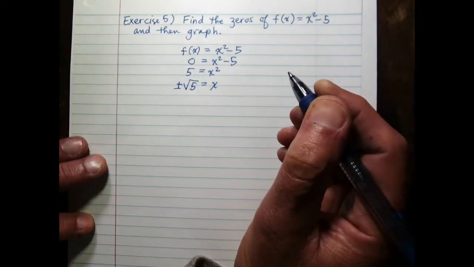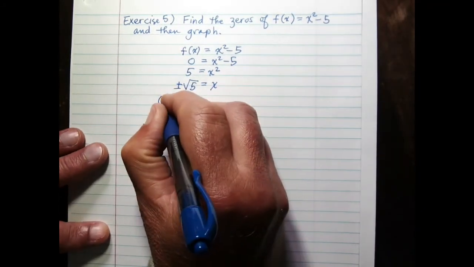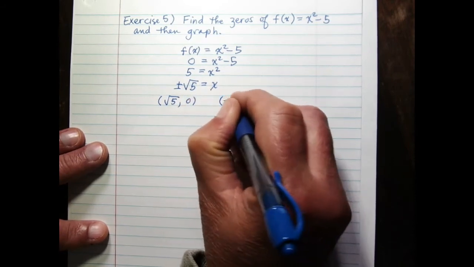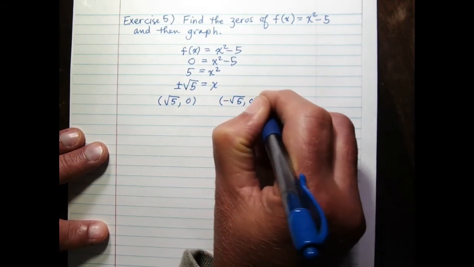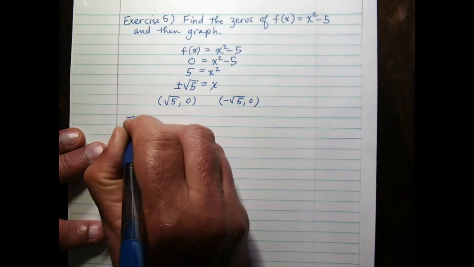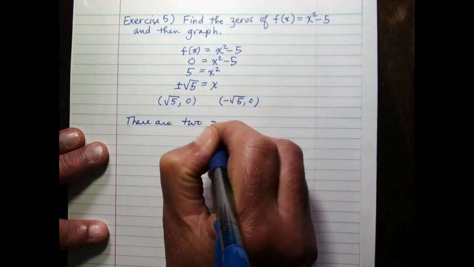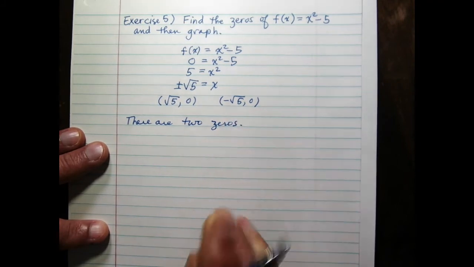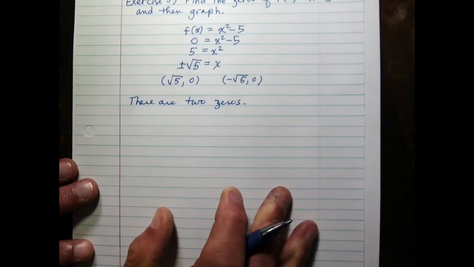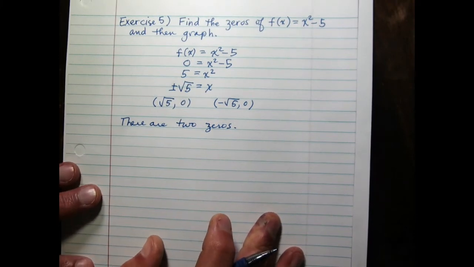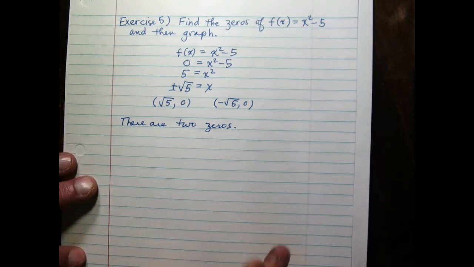There are solutions there. So I got (square root of 5, 0) and (negative square root of 5, 0). So there are two zeros, and they don't look nice, right? And I just want to make sure you don't think that zeros always have integer or nice values.